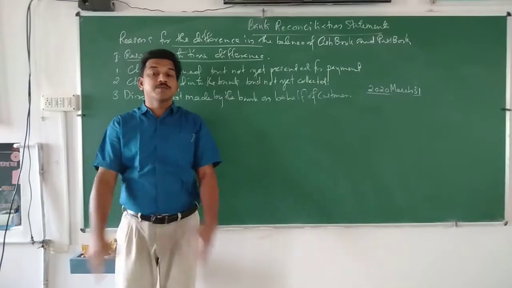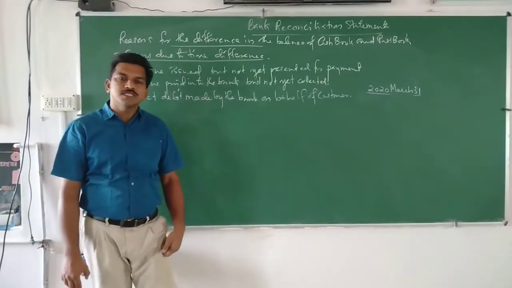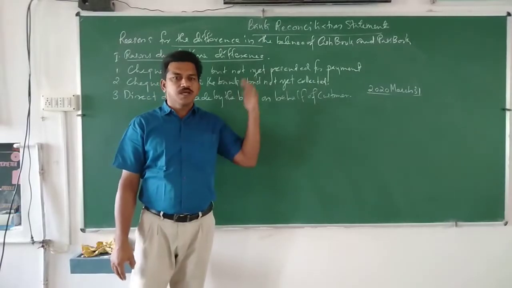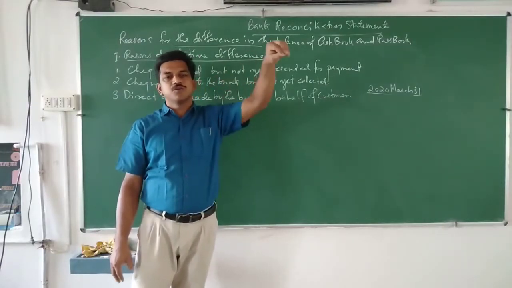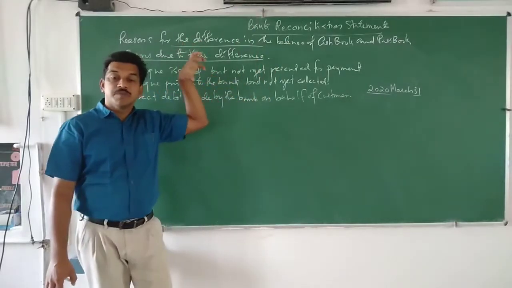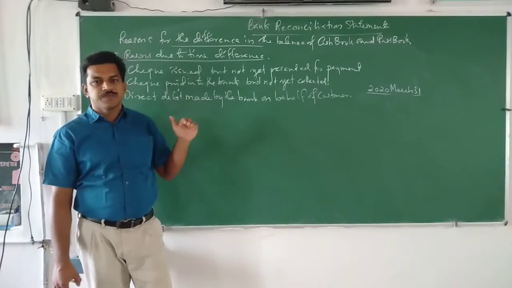Direct debit made by the bank means the bank decreases the money. A bank account always has a credit balance. If we have money in the bank account, it has a credit balance. Here, bank debited money means the bank decreased the money.